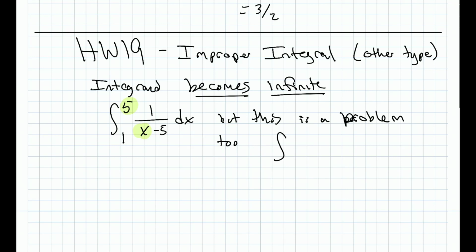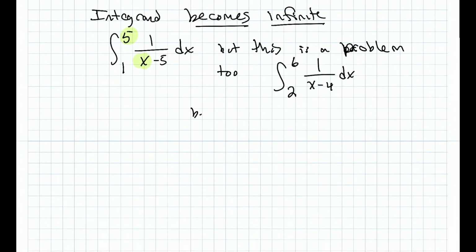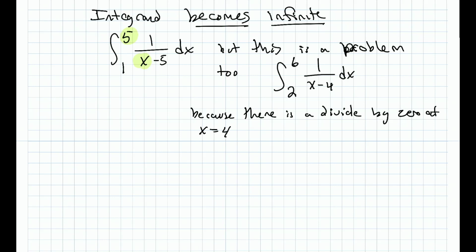Like if I go from 2 to 6 of 1 over x minus 4, that's a problem because there's a divide by 0 at x equals 4, and 4 is in the interval 2 to 6, because you're integrating from 2 to 6. So that's why that's important.